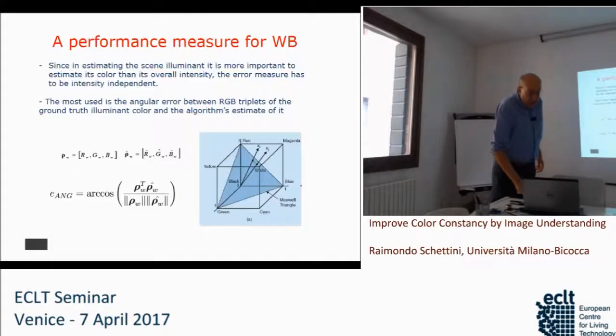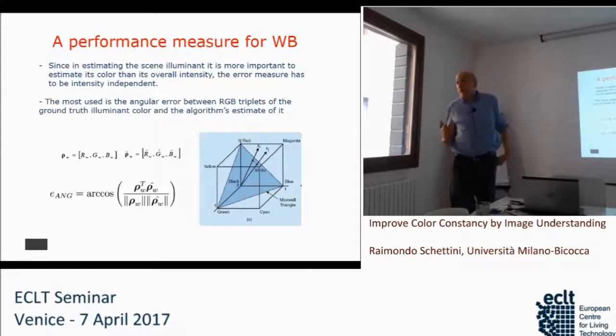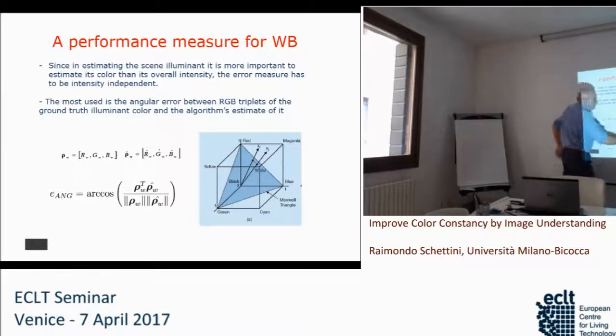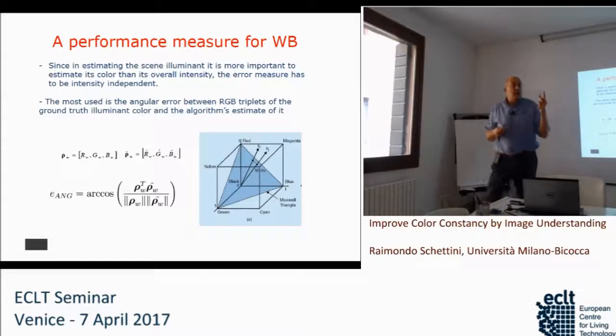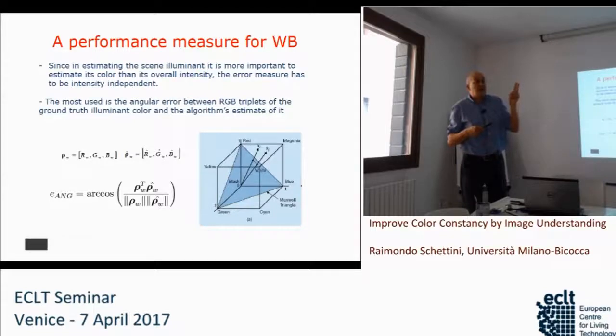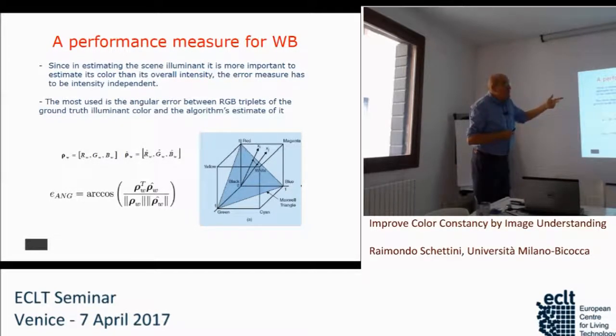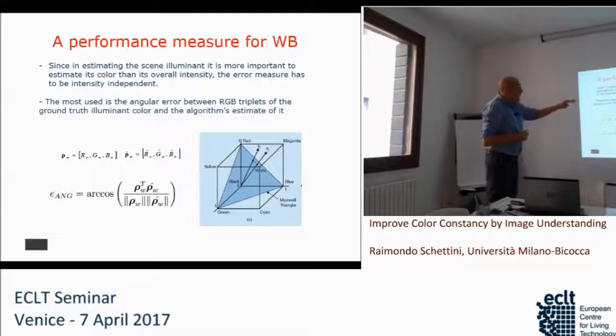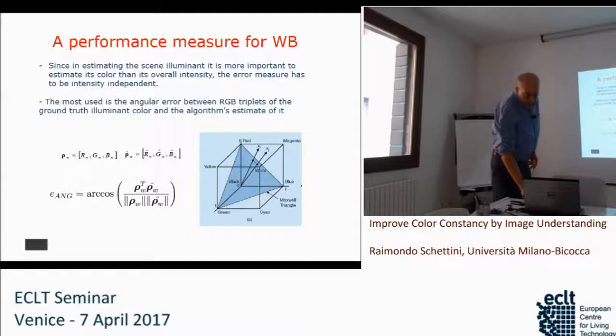So very often we do not use absolute RGB values, but we use the angle between the two RGB vectors as an error. In this case, we have a measure that is independent of the level of illumination. It's just the angle between the RGB values of the true white and the estimated one.